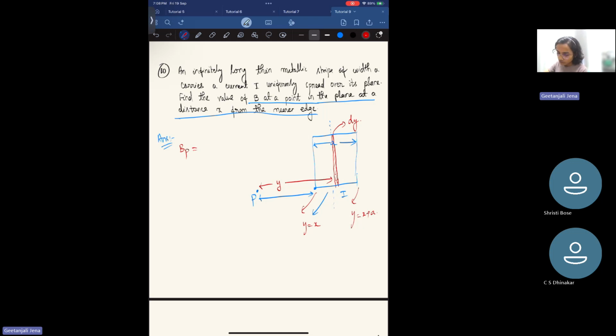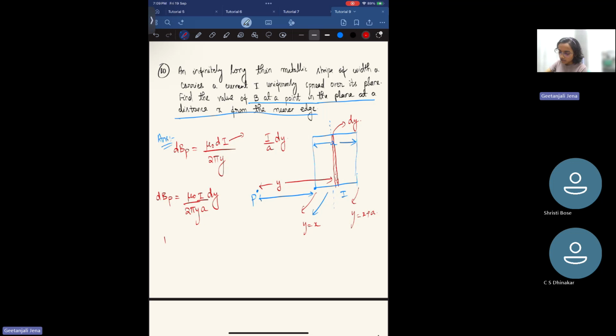So dBp, the field due to this infinitesimally small element, is mu naught dI by 2 pi y. And it's given that the current I is distributed uniformly over this stripe, so you can write dI is I by a into dy. So dBp is mu naught by 2 pi y times I by a dy.